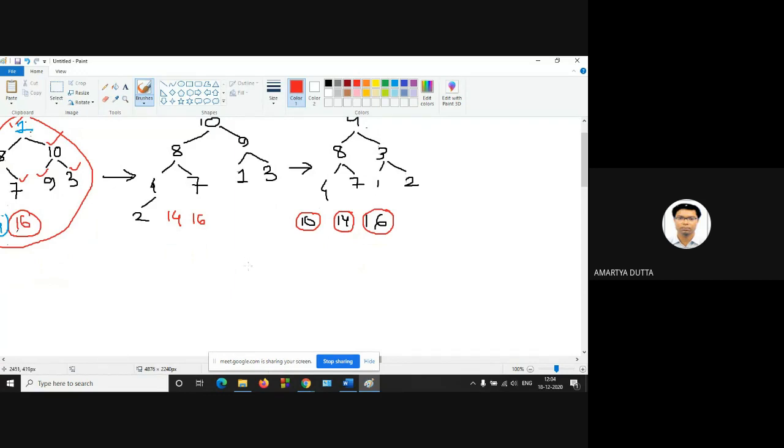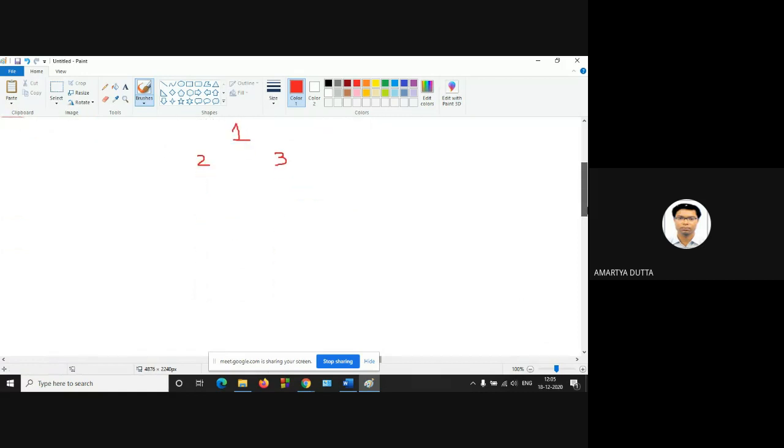After successive iterations: one, then two, three, and then four, seven, eight, nine, and this is 10, 14, and 16.